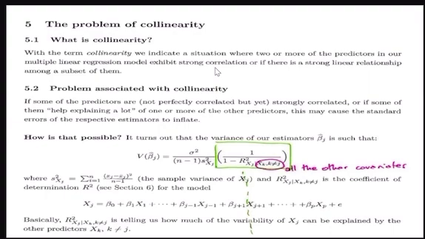When multicollinearity is present in a data set, it will inflate the variance of an estimator, and when the variance is inflated, the standard error will be inflated. Don't forget statistical inference: you need a standard error to construct an interval estimate on your regression parameter, and to test hypotheses about your regression parameter.